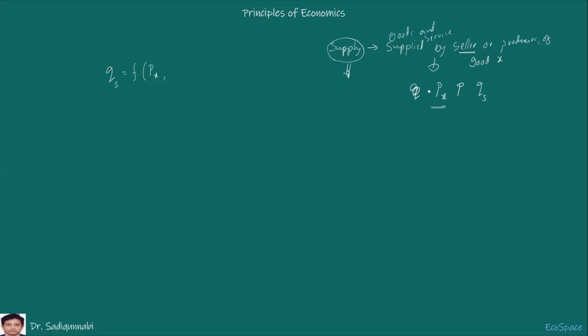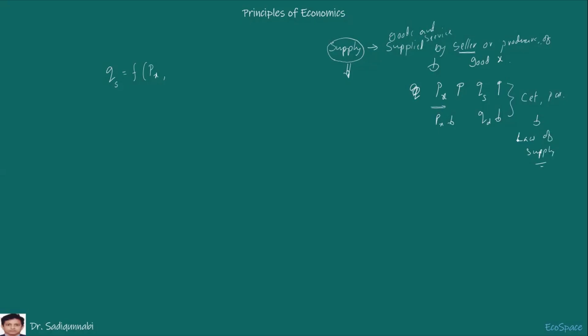So when price increases, supply also increases. When price decreases, supply also decreases. This is with the ceteris paribus condition. So this is called the law of supply.